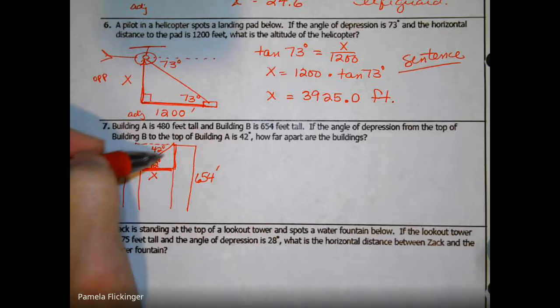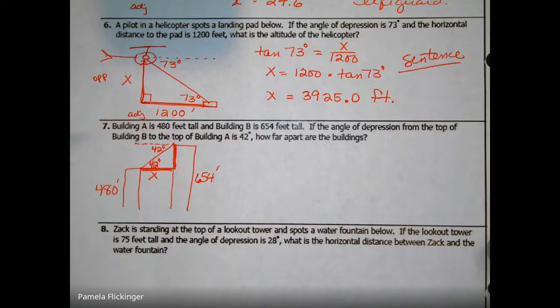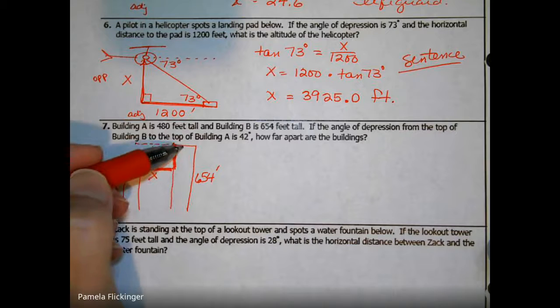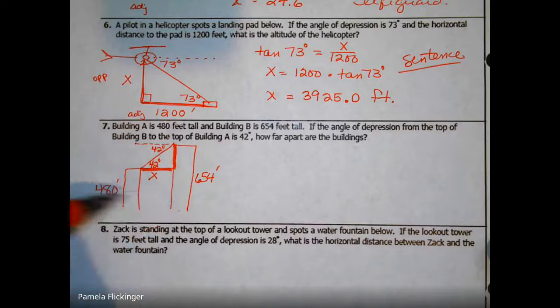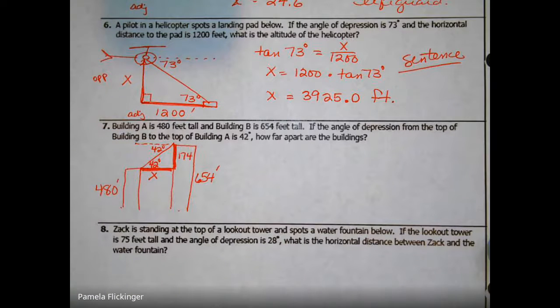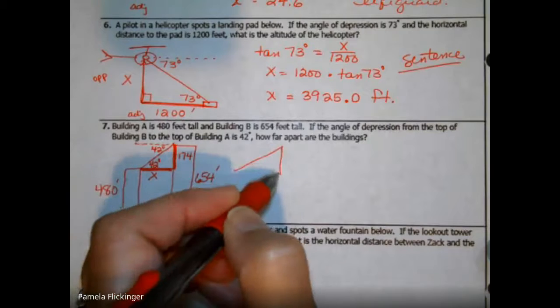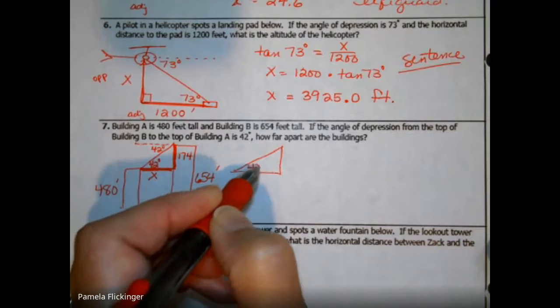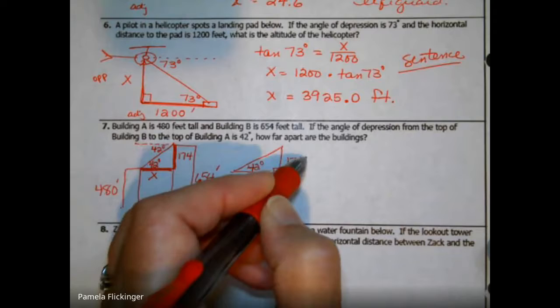So we need to know this distance right here. Very similar to the lighthouse problem for angle of elevation, right? That height is not the whole height of building B or the height of building A. We need to subtract these two, and when we do, we get 174. So this is really the triangle that we're working with right here.